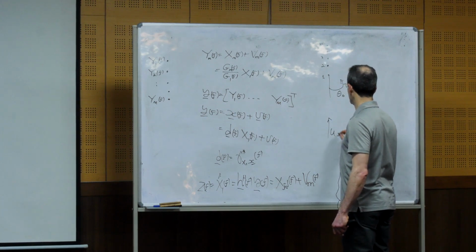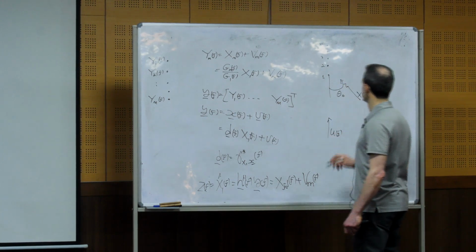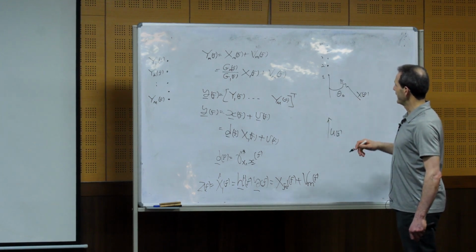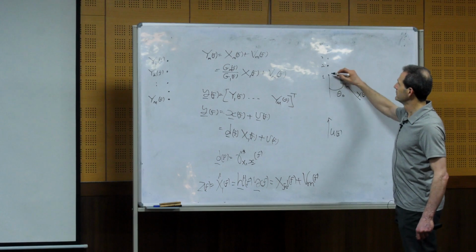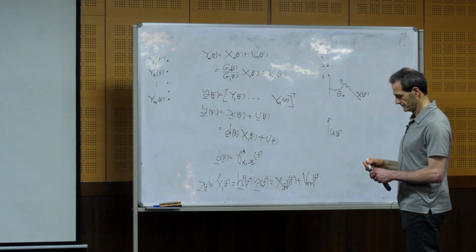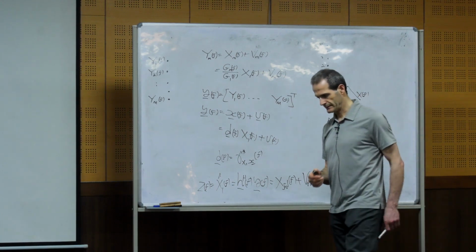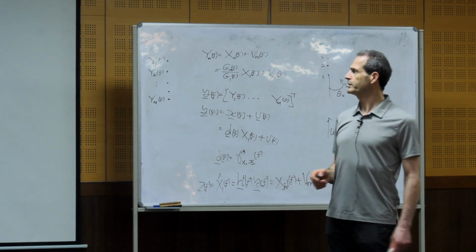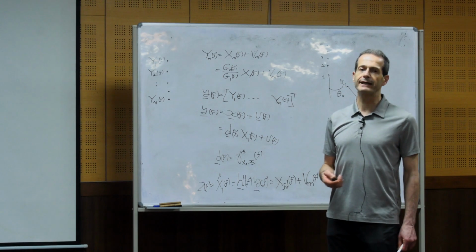Let's call it UF. It comes from the endfire, from theta equals 0. And in addition, we have thermal noise. So what do you think if we want to compare the maximum SNR filter?